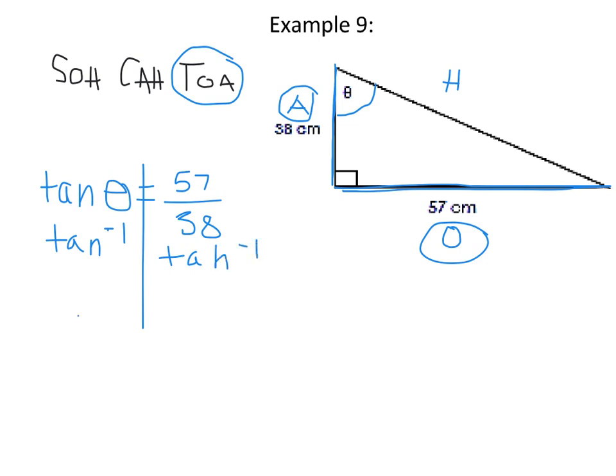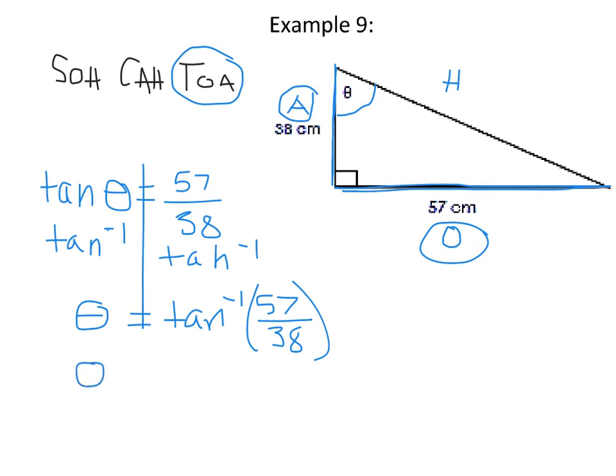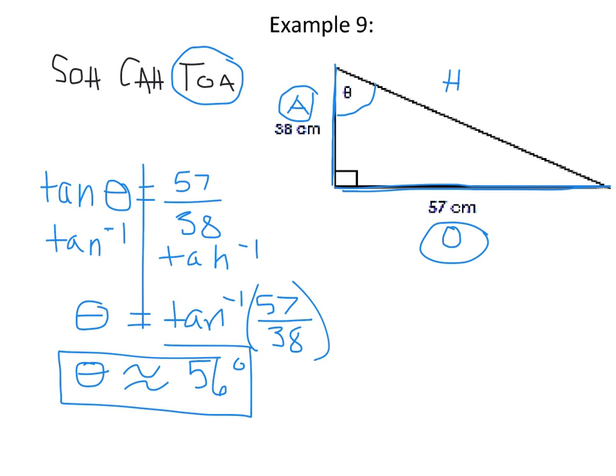So theta is equal to the inverse tangent of our fraction 57 over 38, which in your calculator is just divide. Just use your parentheses. So theta is about 56 degrees. And this concludes lesson 12.1, part 2.